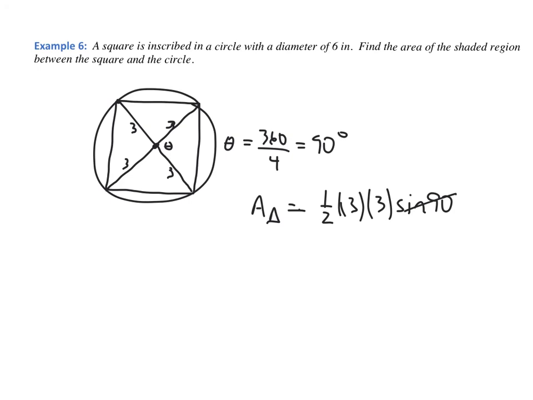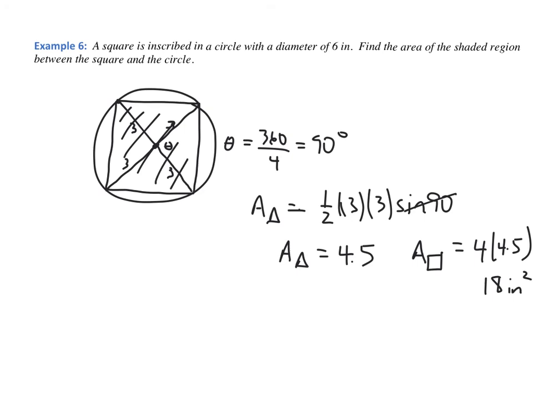Okay, so what's 1/2 of 9? 4.5. Okay, and so the area of the square, which has 4 triangles, would be 4 times 4.5, or 18. Since they gave us inches, it's inches squared. All right, so that's the area of the square, okay?